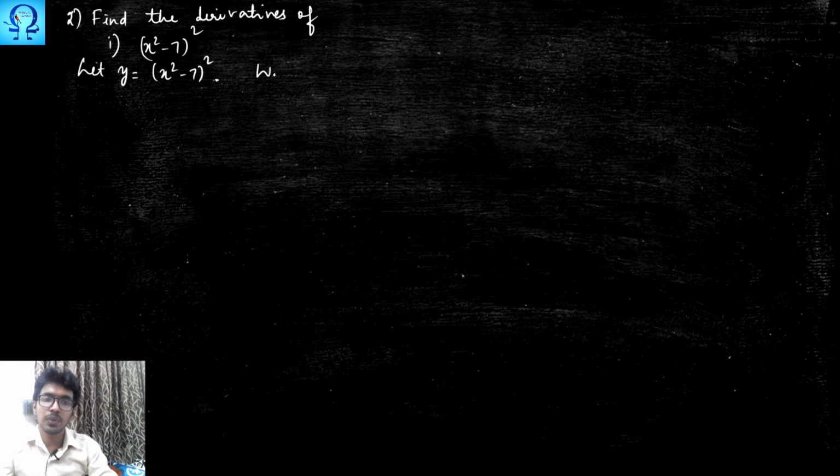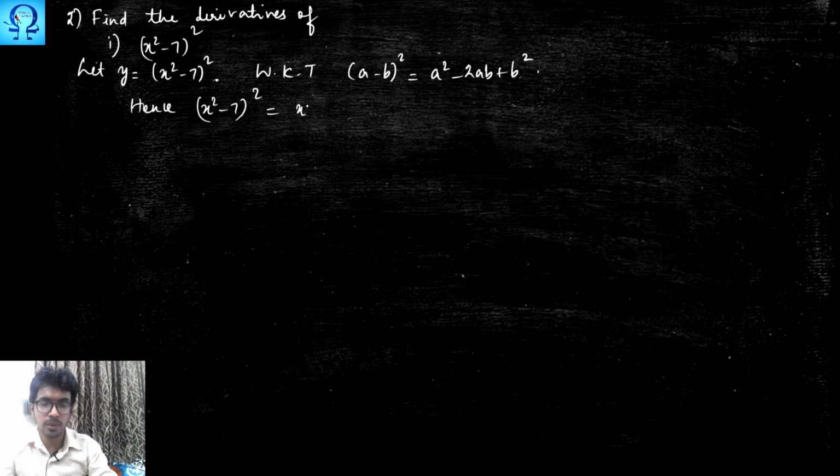We know that a minus b whole square is a square minus 2ab plus b square. Hence, x square minus 7 whole square is going to be x square whole square minus 2 times x square into 7 plus 7 square, which is going to be x power 4, since x power a whole power b is simply x power ab.